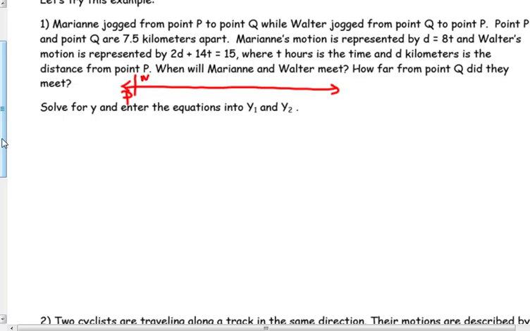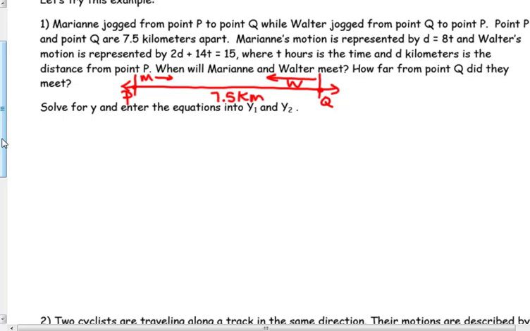Here's point Q. And here's Walter jogging from point Q to point P, going in this direction. Point P and point Q are 7.5 kilometers apart when they start.